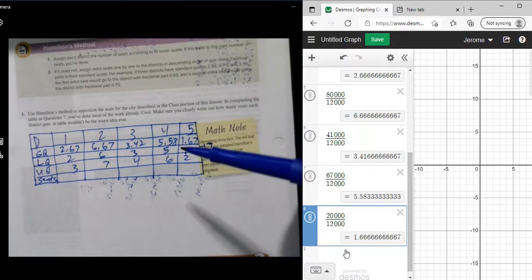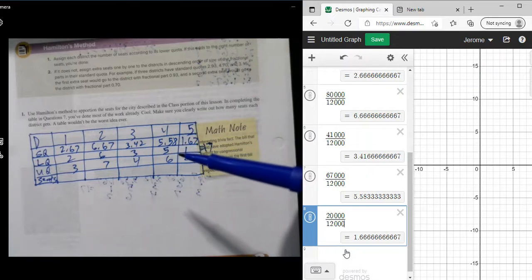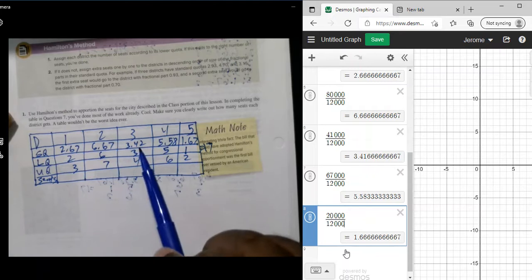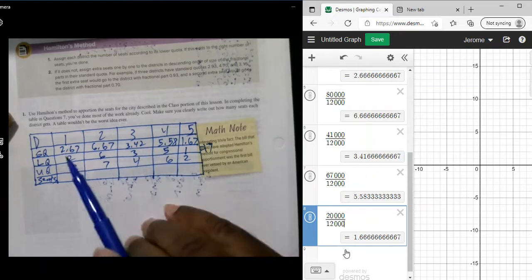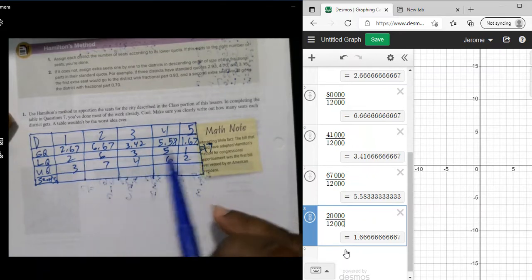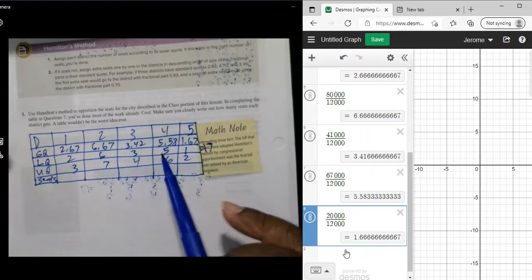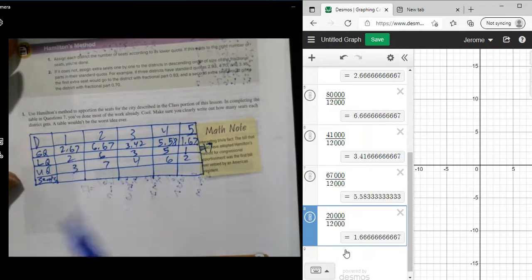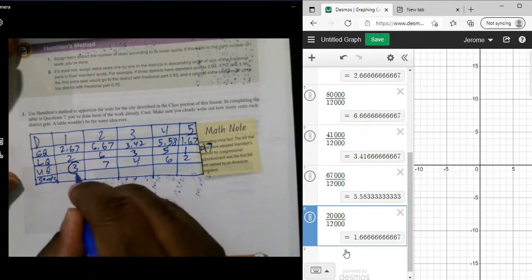We try and find the 3 highest values behind the decimal to assign the extra seats. And if you notice here behind the decimal, we got 67, 42, and 58. We have 3 values at 67 that's larger than all the rest. So for each value that has the 67, we would circle the upper quota.